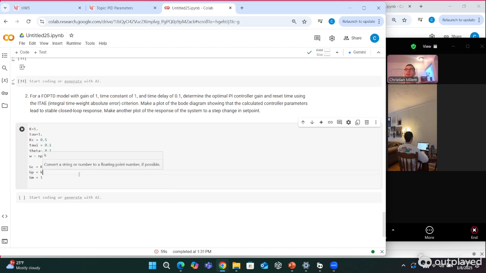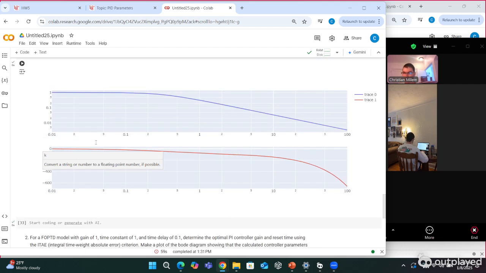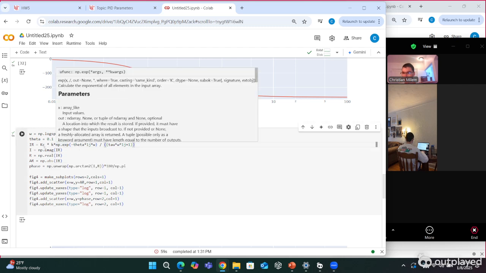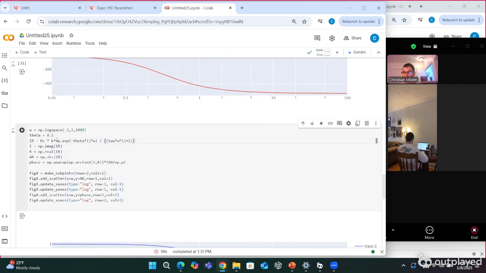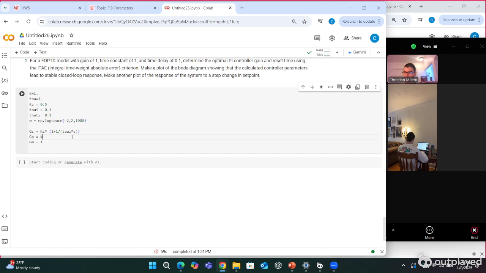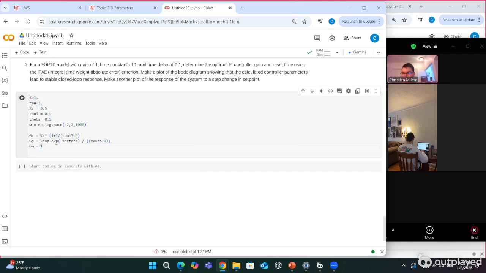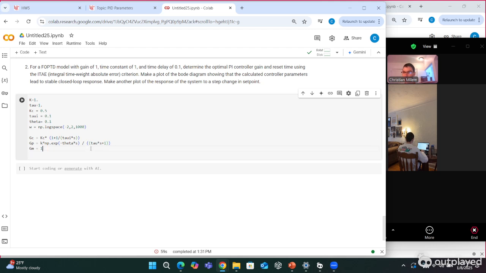Yeah, so it should just be K. I'm blanking on what a first order process is. It's up here. Oh, there's also a time delay, so I totally would have forgotten about that. All right, first order, and we want this in terms of S, and we'll see why. Tau S plus 1, e to the minus theta S, and GM is 1.